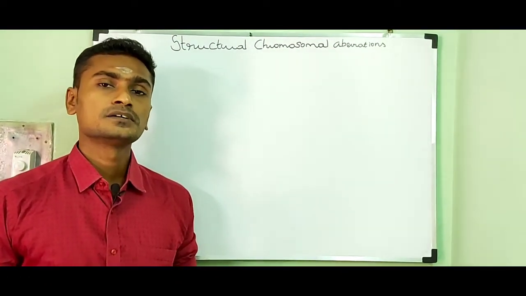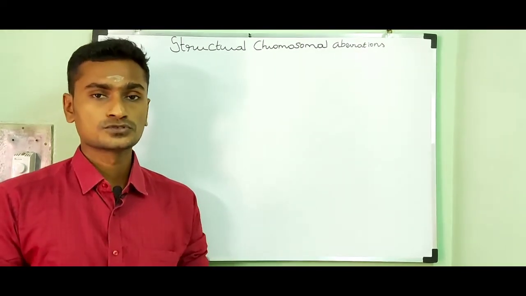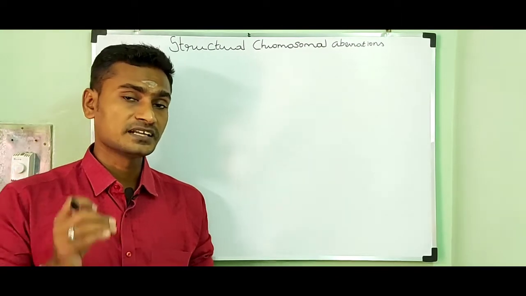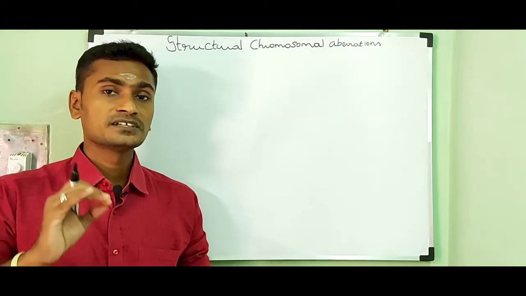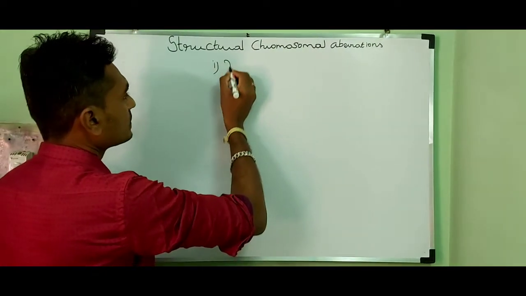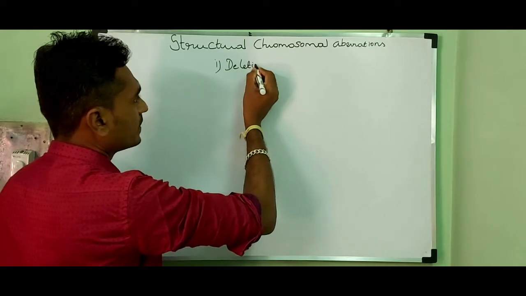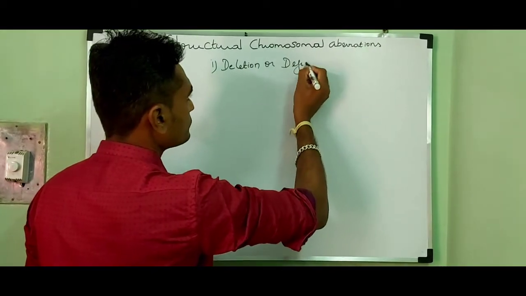Then, on the basis of breaks and reunion in the chromosomes, the aberrations are classified into four types. They are deletion or deficiency.